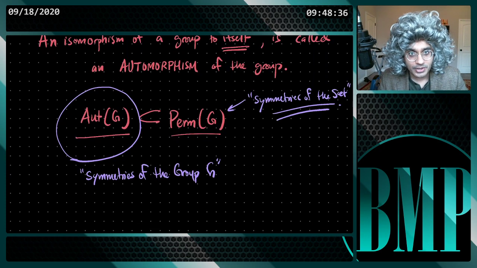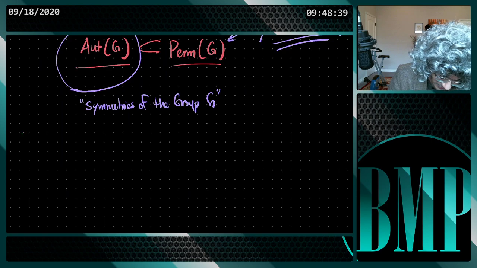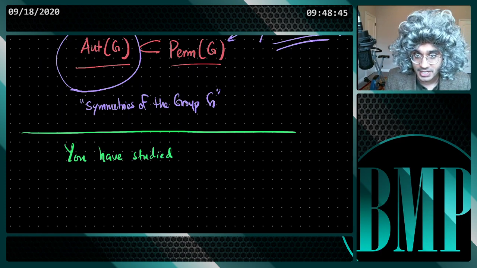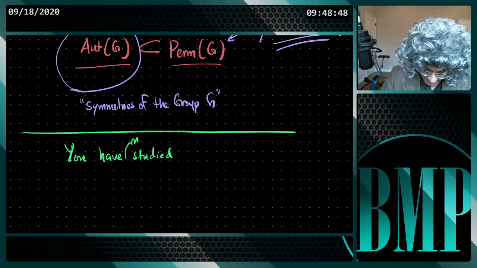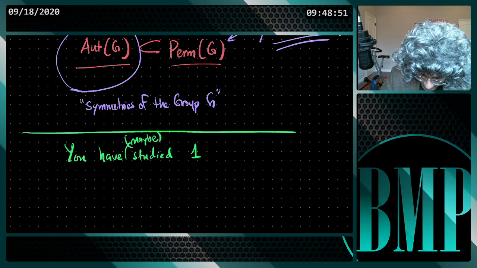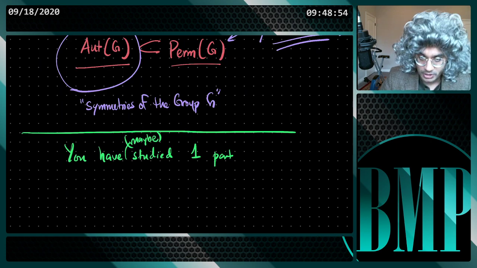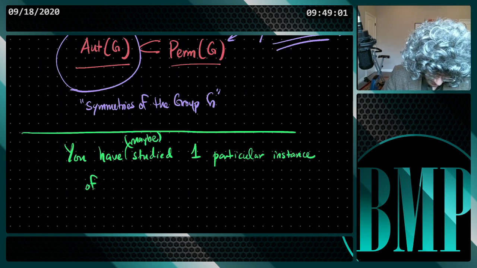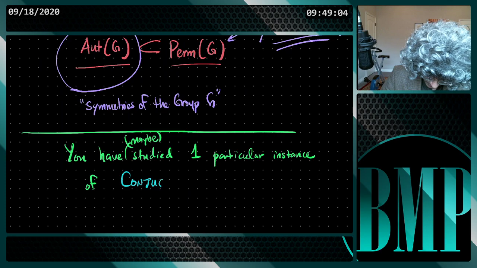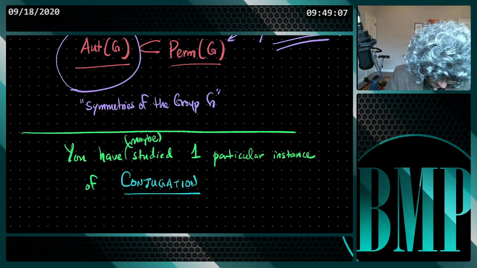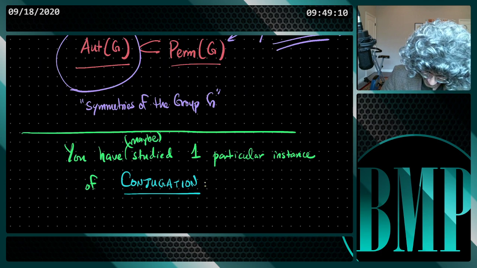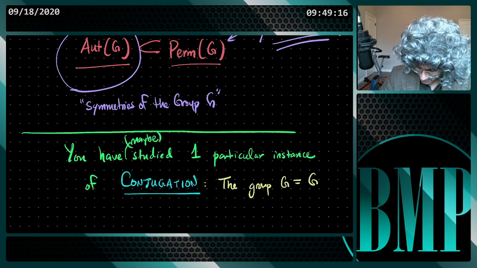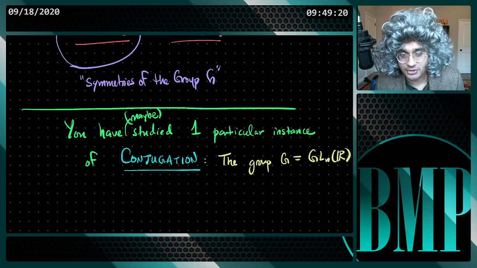All right? And the last thing I want to say about conjugation is that you have seen conjugation before. You have studied one particular case of conjugation thoroughly. You have maybe studied one particular instance of conjugation in one particular group. The group was GLN, N by N invertible matrices.